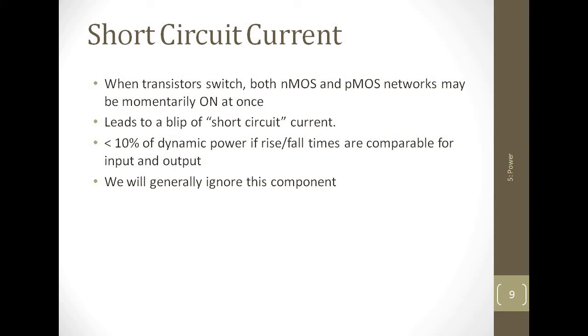At a period of time they are both on, both linear, and in that case it leads to a blip of short circuit current. It is less than 10% of dynamic power if rise and fall times are comparable for input and output, so we will generally ignore this component. So short circuit current is due to the short period of time where both the MOSFETs are on at once.